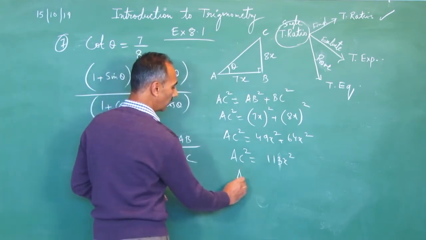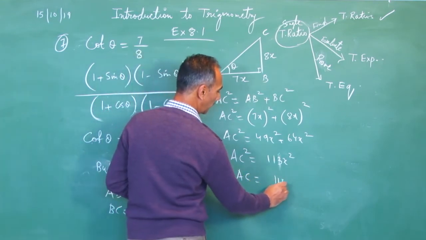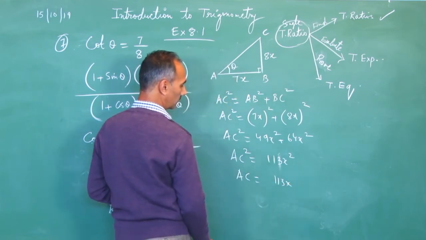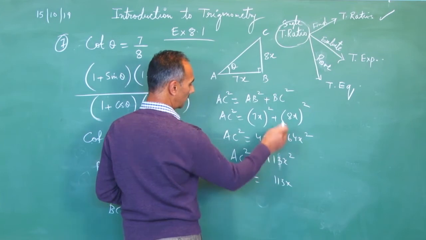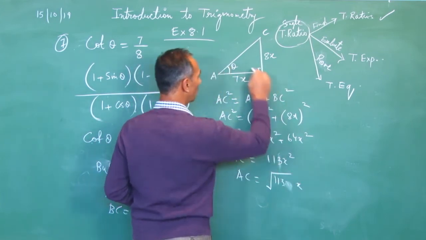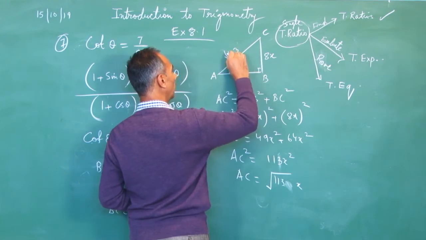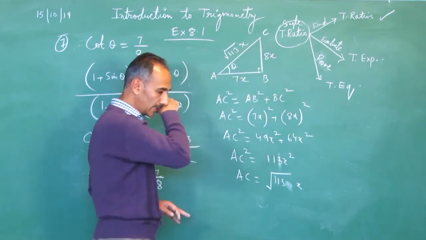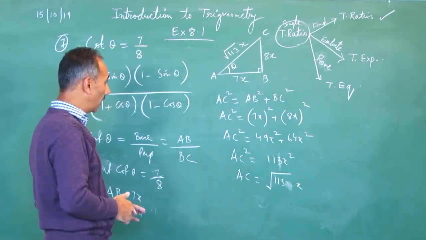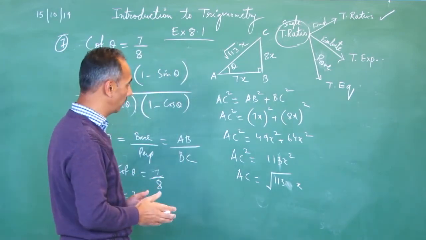What will be AC? It will be the positive square root of 113x square, so square root of 113, and x will be outside. So square root of 113 x. It's not a perfect square, so we can't find it. We'll keep it, because we are going to get rid of this square root.